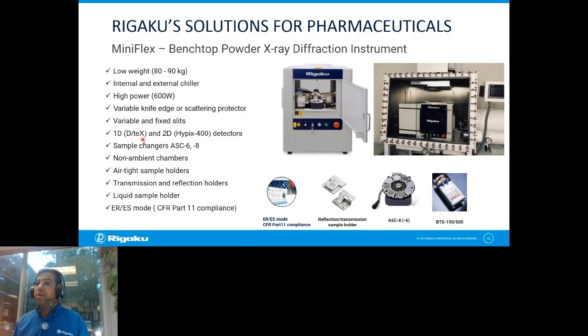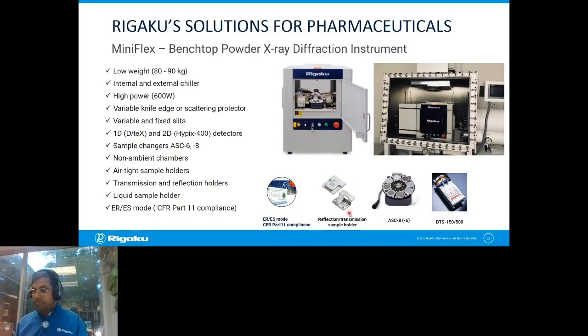It can also come with a 1D detector or 2D HyPix detector, sample changer ASC 6 or 8, non-ambient chambers, airtight sample holder, transmission and reflection holders, liquid sample holder, and again, electronic record and electronic signature mode, CFR Part 11 compliance. It could even be put inside a glove box as shown here if required. Several of our customers have actually put it in this fashion.